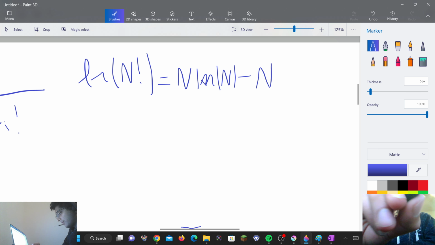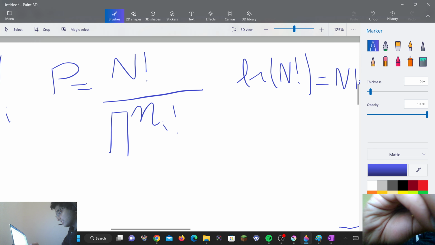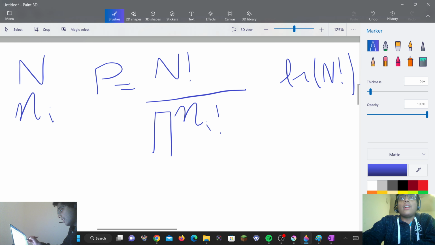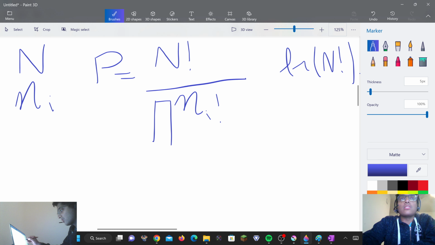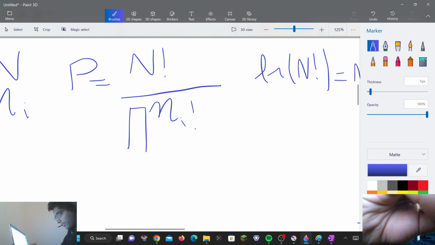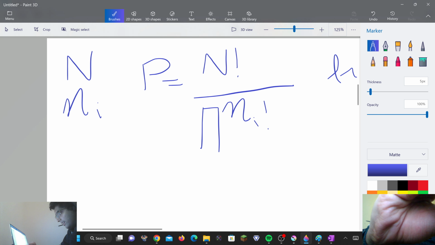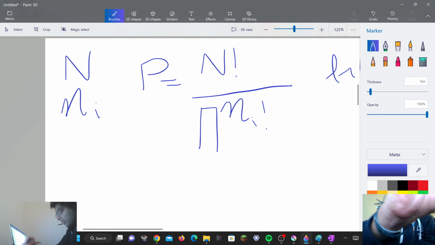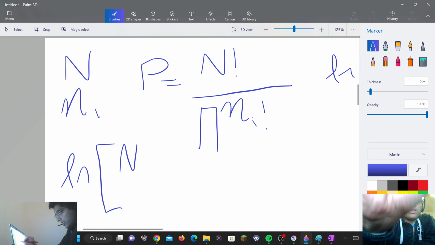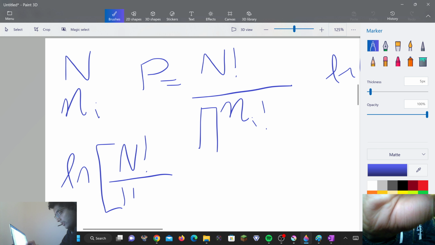Stirling came up with this. It's really, really useful for a lot of stuff in statistical thermodynamics, if you ever have the pleasure or misfortune of taking that. But here we can just take a natural log of our permutations to generate a maximizable function, right?